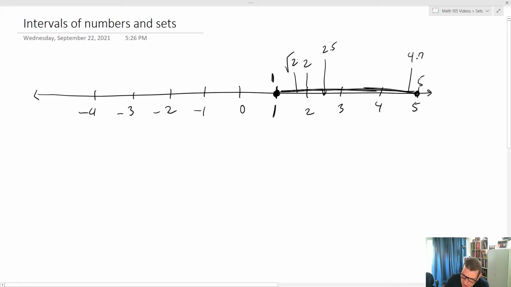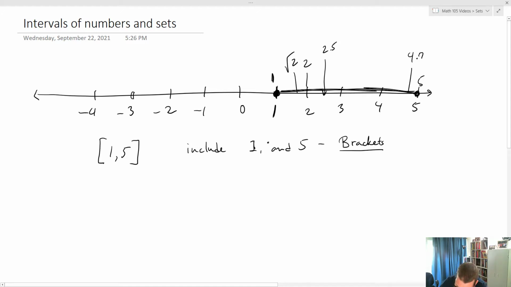And so how we're going to write this set is we're going to write it from 1 to 5, because we're going to include 1 and 5. And that's what brackets mean. The brackets mean to include everything between 1 and 5, including 1 and 5. Now, I could also, say, go from -3 to -1, but I don't want to include -3 or -1.